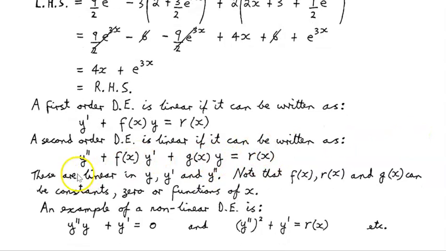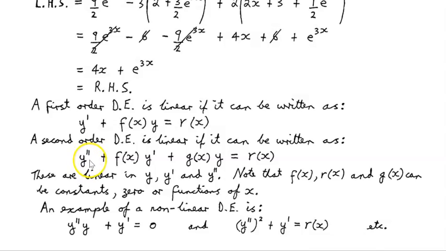These are linear in y, first derivative and second derivative, because there are no powers of these and they're not multiplied together. They are separate operators in their own right, sitting there. They're not squared and not multiplied by each other.